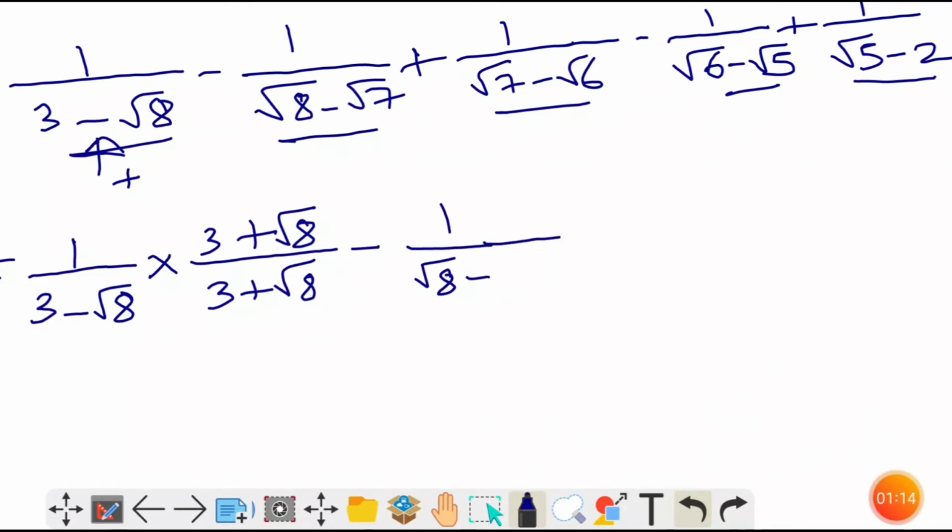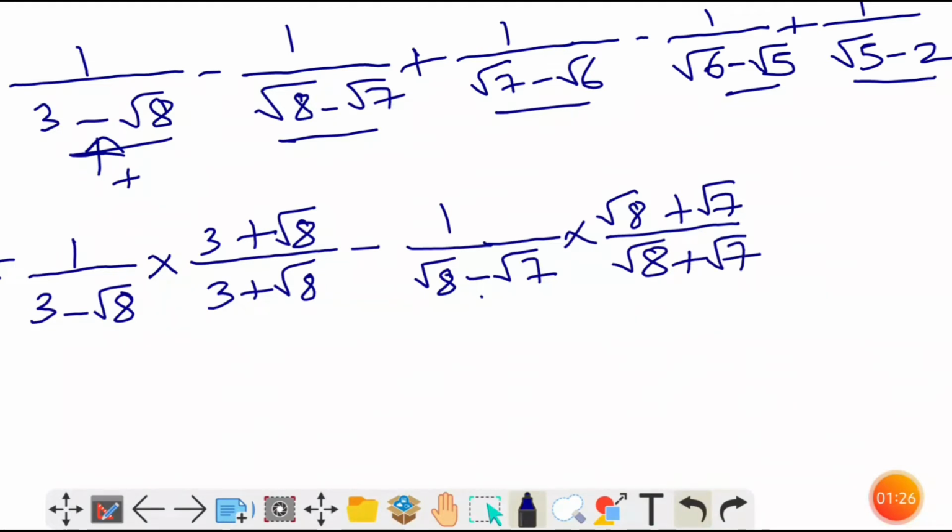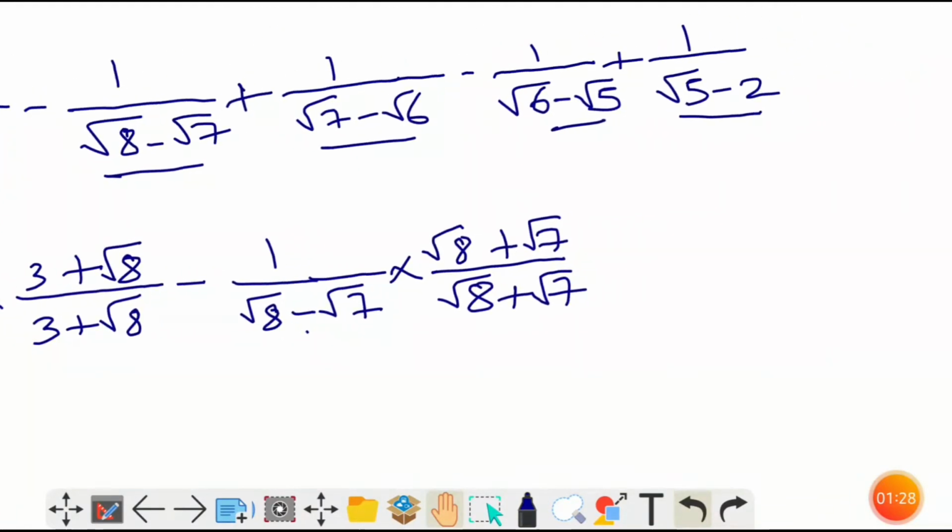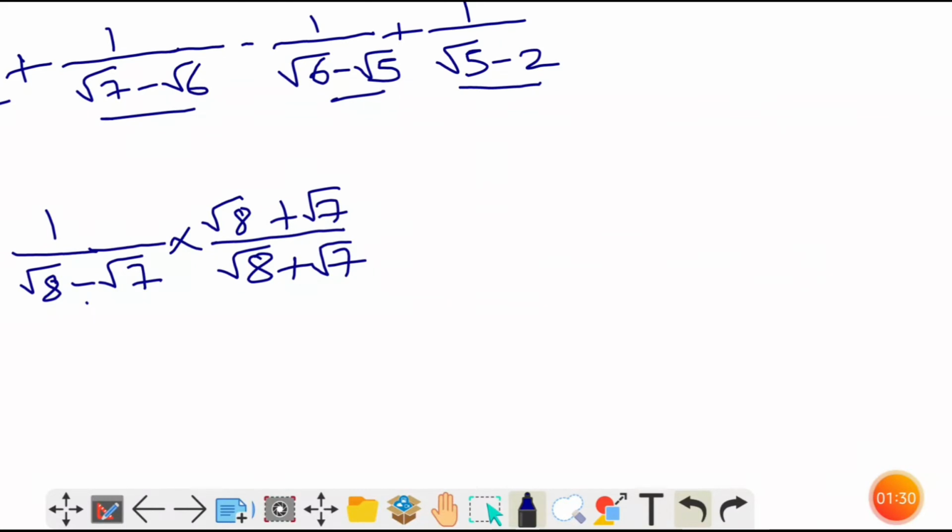1 by root 8 minus root 7 will have rationalizing factor root 8 plus root 7 in the numerator, and in the denominator root 8 plus root 7, plus 1 by root 7 minus root 6.